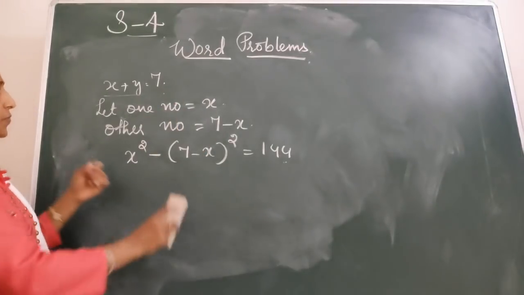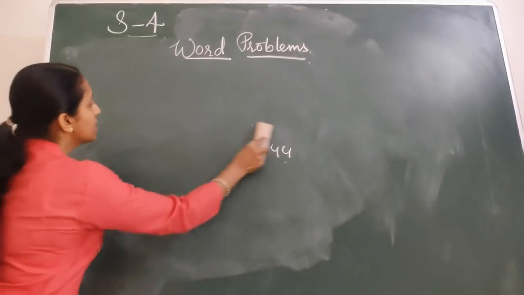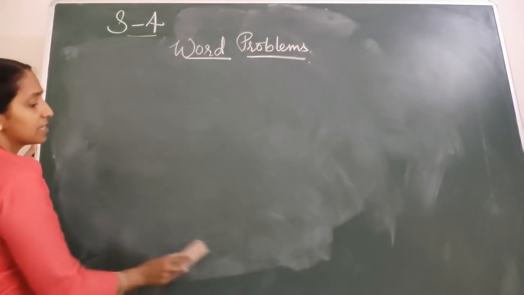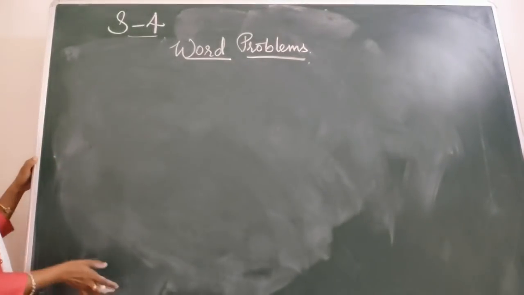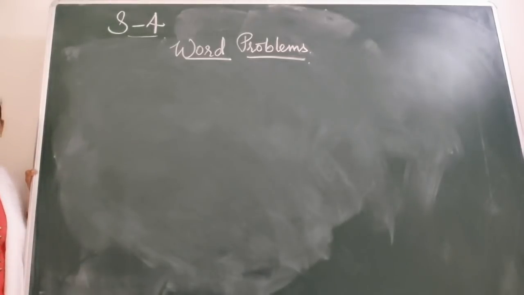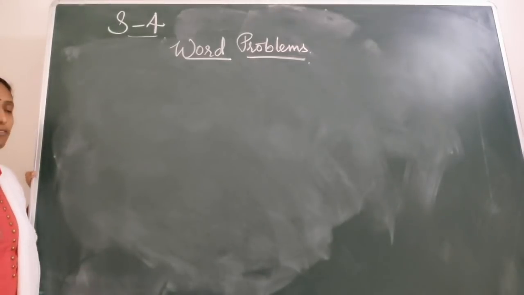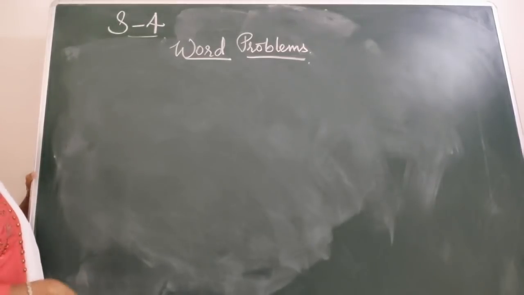After making the equation, make it in the standard form, then solve for x. Around 45-46 questions are already given in your textbook, plus some examples. So after going through all this, I think it will be clear to you.